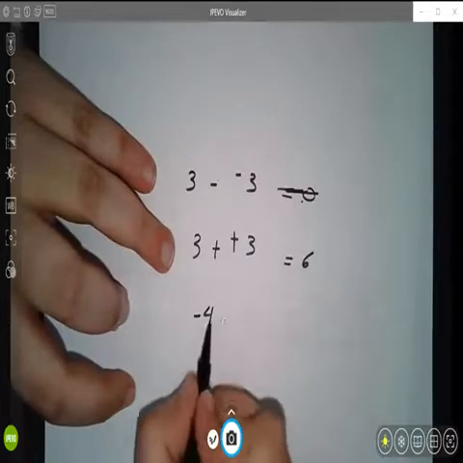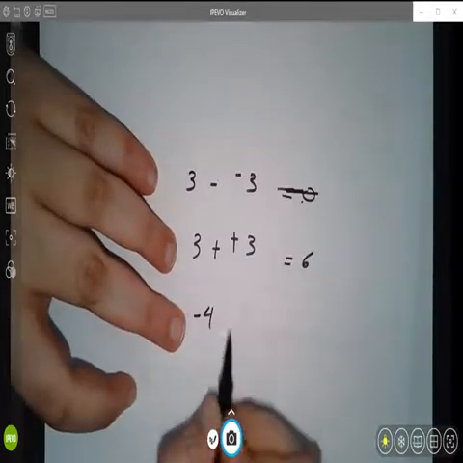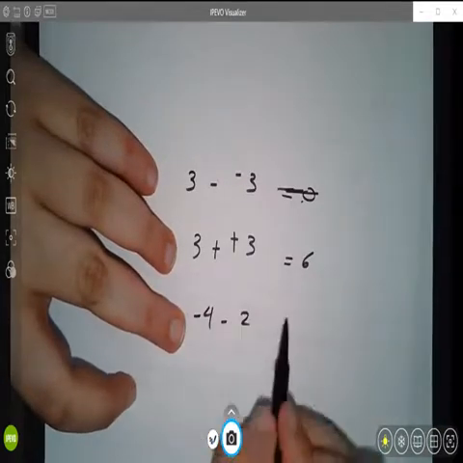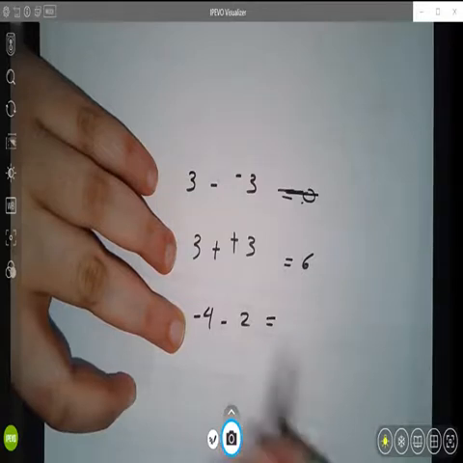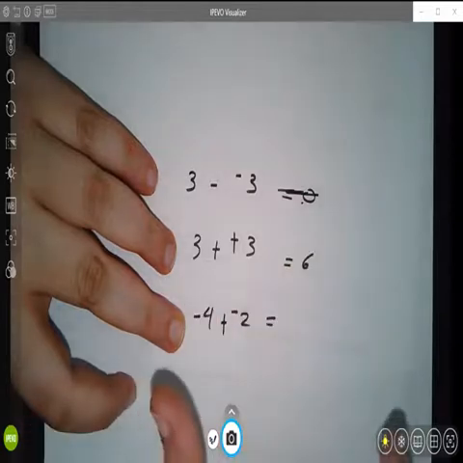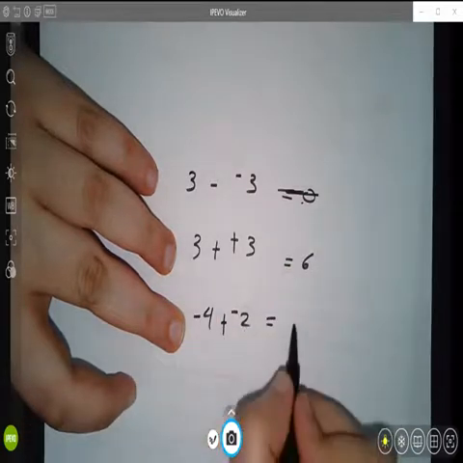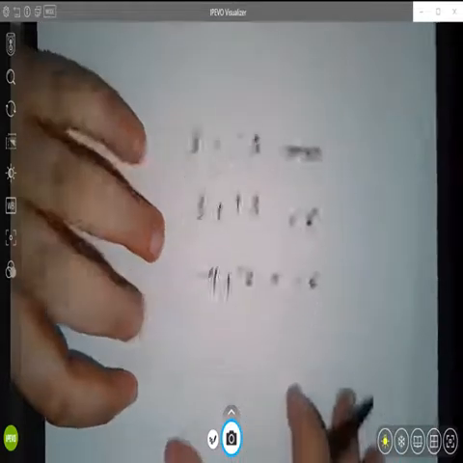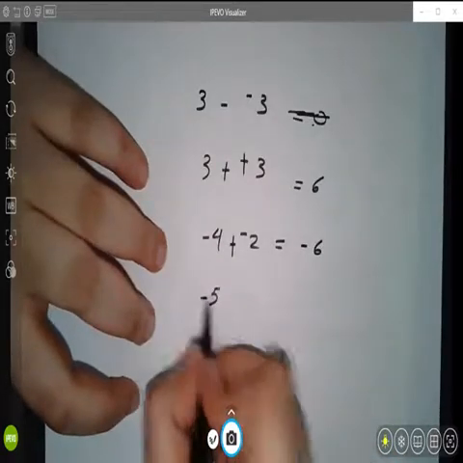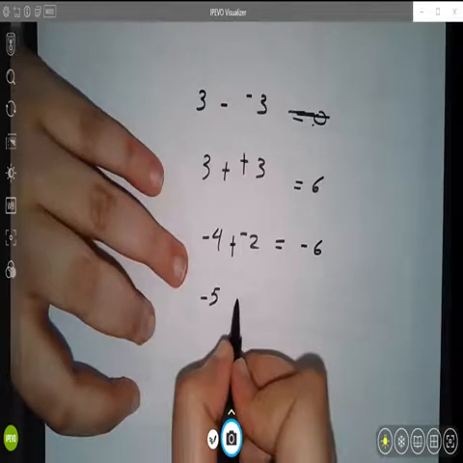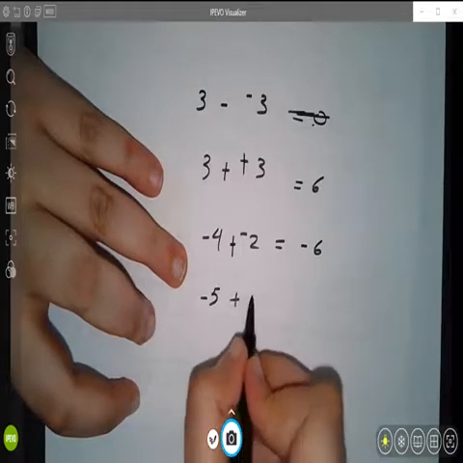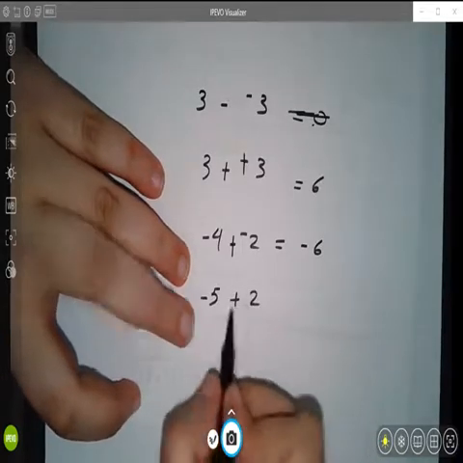Now, if it was the other way around, so you have -4 minus 2, for example, right? Flip this, flip that. So the flip works with any case you see, okay? So -4 plus -2 is what? -6. What if I give you -5 plus 2? There's no flipping here.